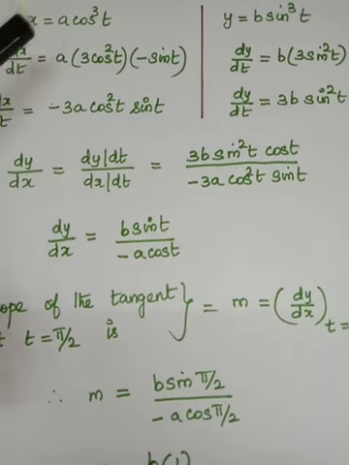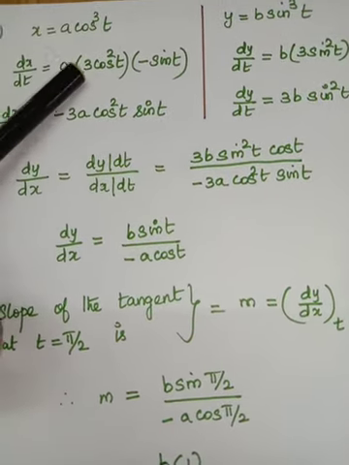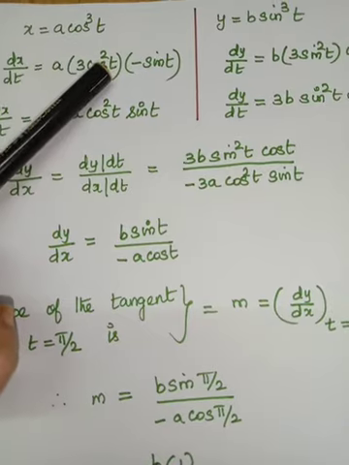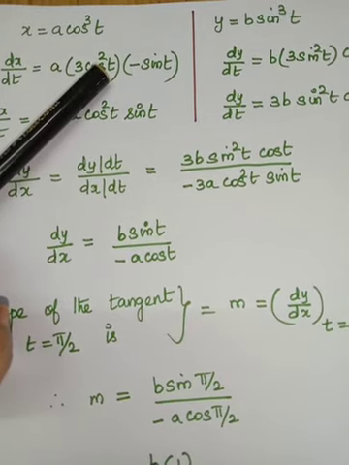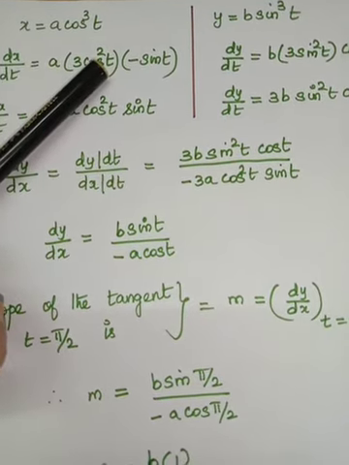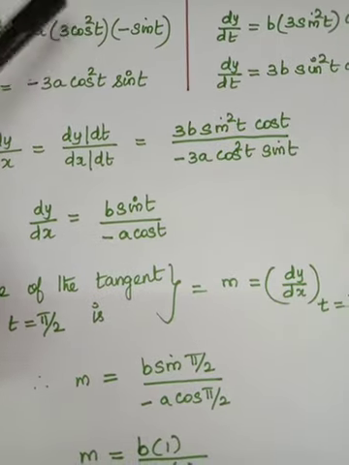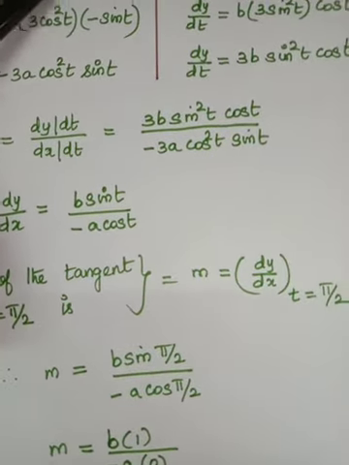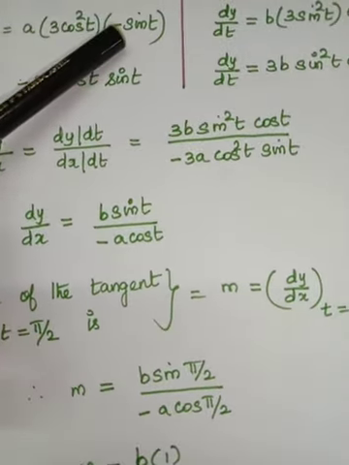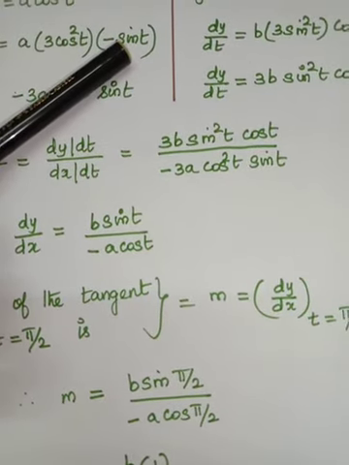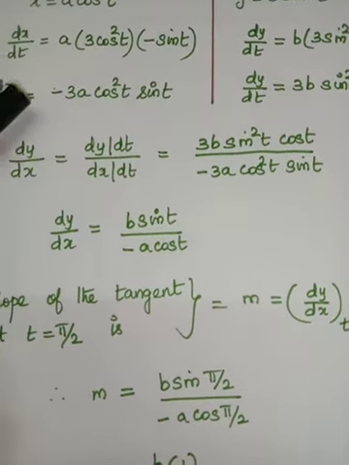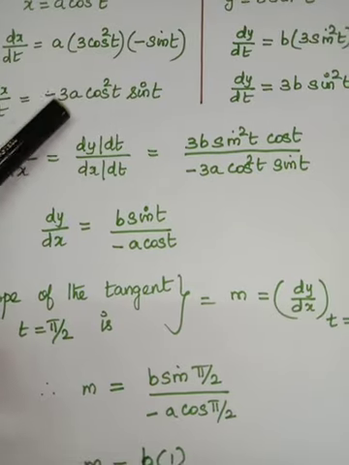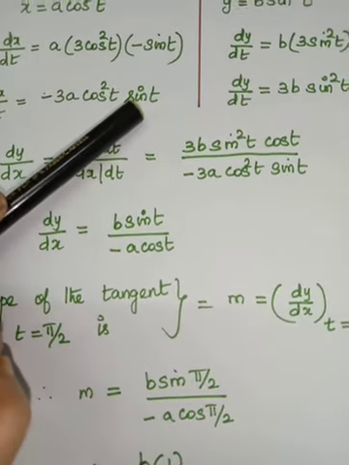Using the power rule, it will be 3 cos^2 x. Next, according to the chain rule, which one is kept as x? That has to be differentiated. That is cos t, and the differentiation of cos t is -sin t. So dx/dt = -3a cos^2 t sin t.